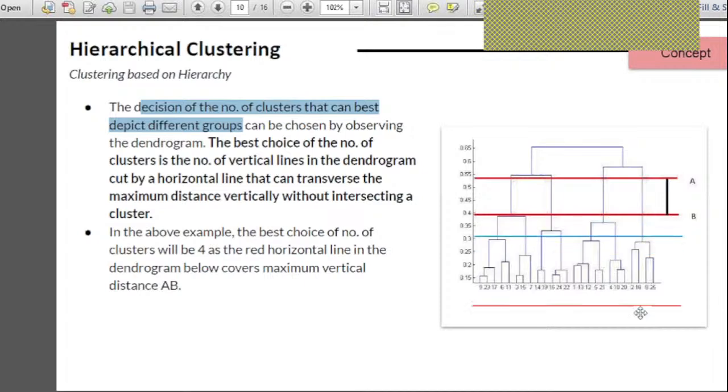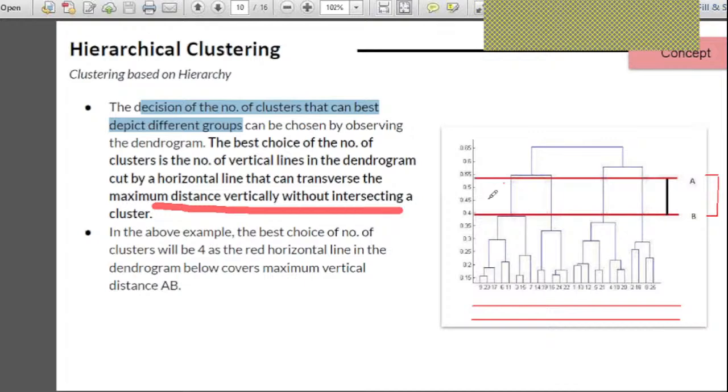I can try drawing two parallel lines anywhere, but the distance will be maximized between A and B. Are you getting this point? Right? Wherever this distance is maximized vertically without intersecting any clusters.